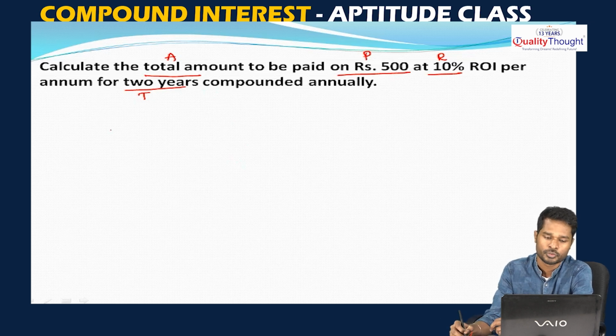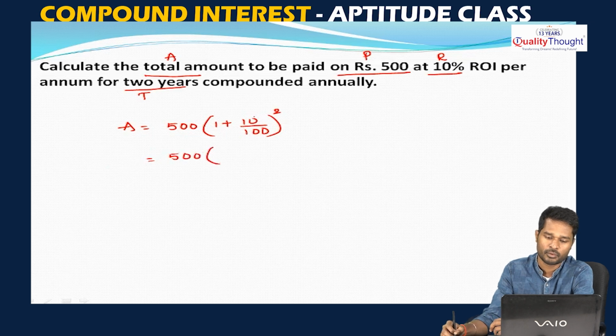So the total amount is P, which is 500, into (1 plus 10/100) to the power of the time period, which is 2 years. Now 10 ones are 10, 10 tens are 100.